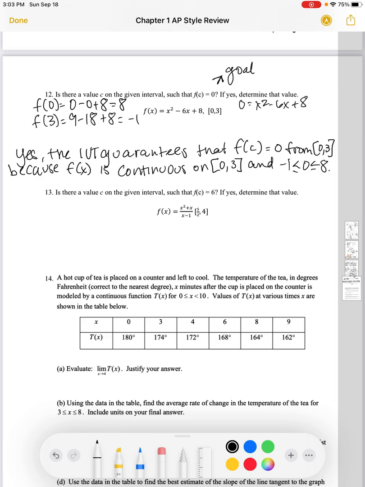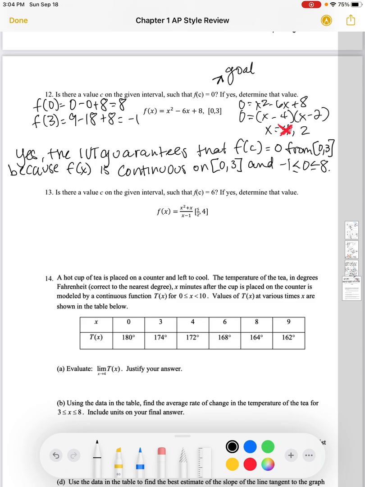And this is nice because it's factorable: x minus 4, x minus 2. And so the two places that it happens to be equal to 0 would be at 4 and at 2. However, we're only looking in the range from 0 to 3, so 4 is out of that interval. And so 2 would be our only possible answer.